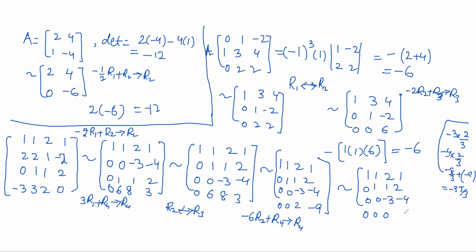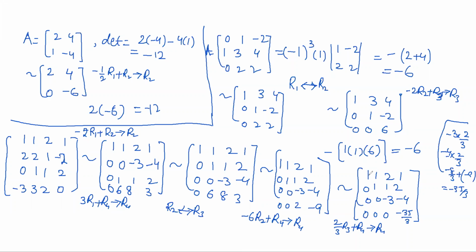So it will be 0, 0, 0, minus 35 by 3. So this is the final row echelon matrix. This row operation was 2/3 of row 3 plus row 4, that is the new row 4. So now this is the row echelon form.